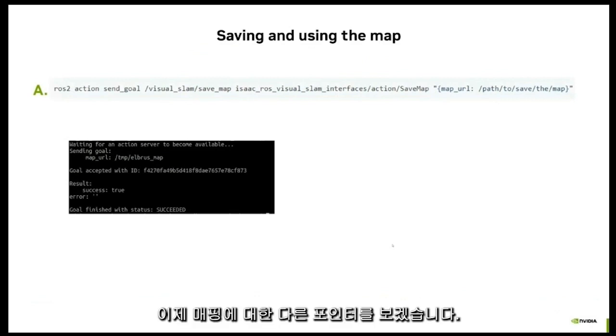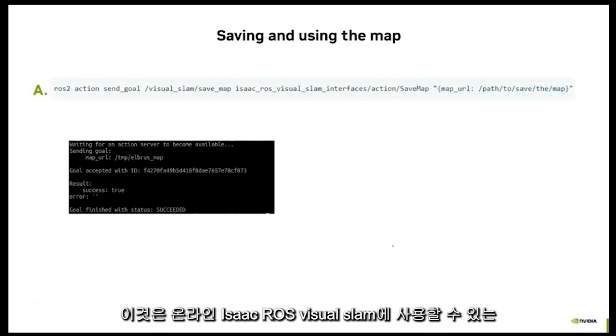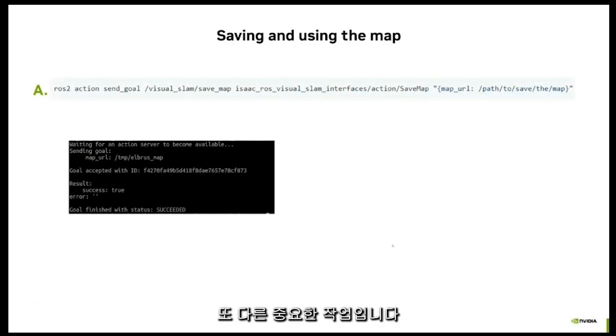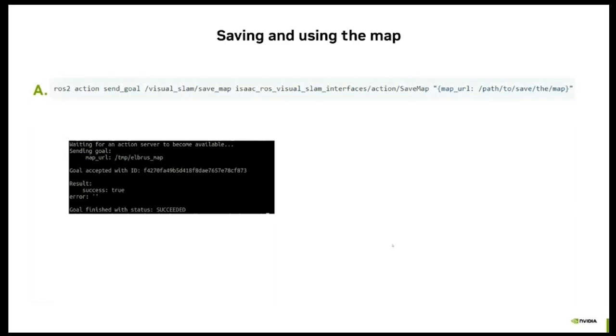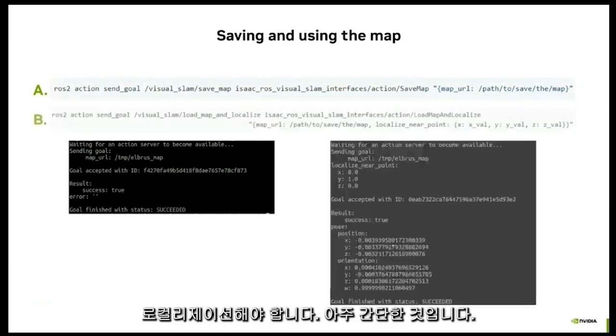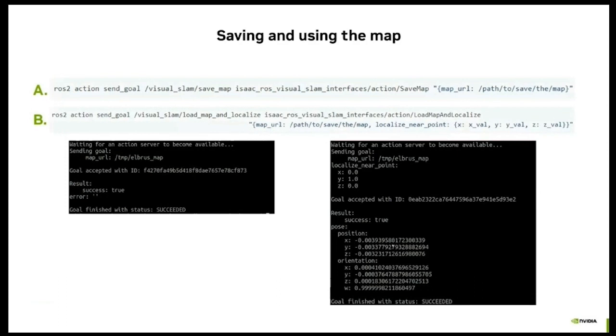And now let's see another point, the mapping. This is another important action you can use in Isaac ROS Visual Slam. Remember to run this command to store and save the map, and another command to load the map and localize. It's something really simple.